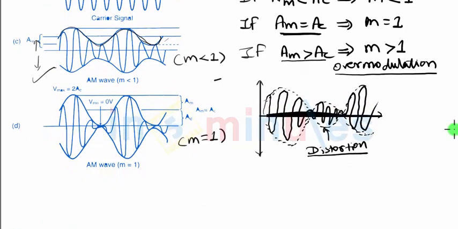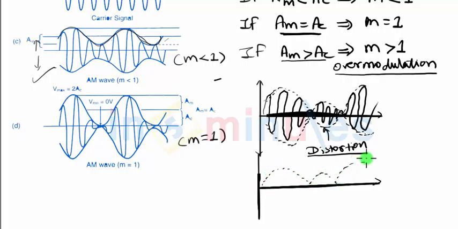Now to an envelope detector, if you give over-modulated signal, then how will be its output? If you give over-modulated signal to envelope detector, it will detect the positive envelope, but now my positive envelope is a little bit different. You can see the positive envelope crosses the x-axis and goes onto the negative side. The envelope detector will detect the part which is there either completely on the positive side or completely on the negative side.